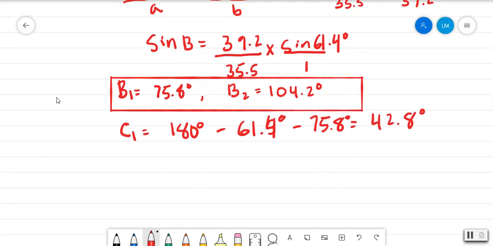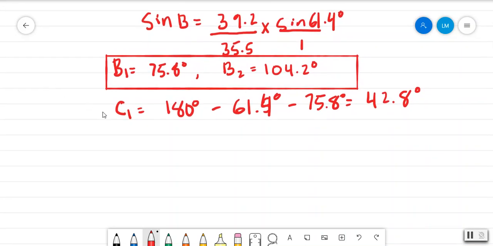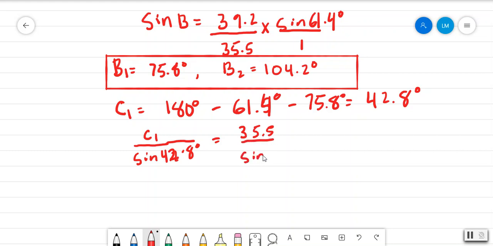Now, the next step is that you would say little c1 divided by sine of 42.8 degrees is equal to 35.5 divided by sine of 61.4 degrees.